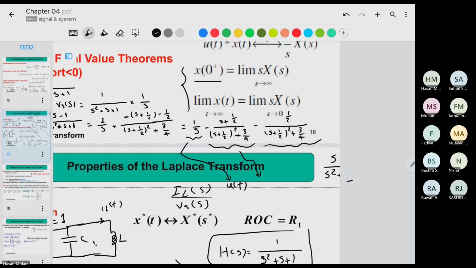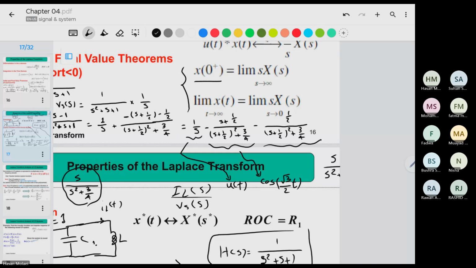I write here s squared plus 3 over 4. What is the Laplace inverse of this one? It has s in the numerator, so it should be cosine. Cosine of what? Root of 3 over 2.